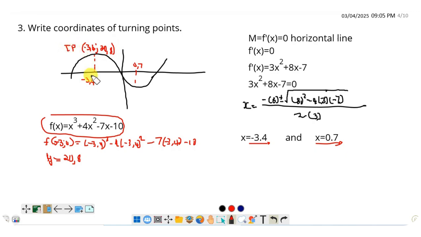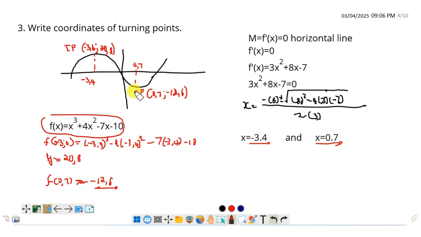Again, you substitute 0.7 into the equation, then the y value becomes negative 12.6. Okay, so the point is 0.7 and negative 12.6. These are the coordinates of the point.